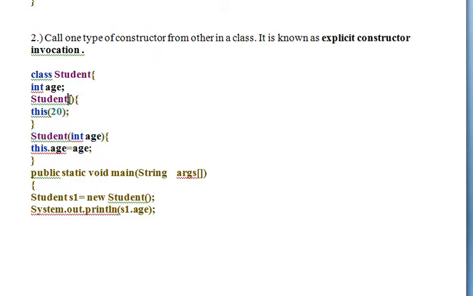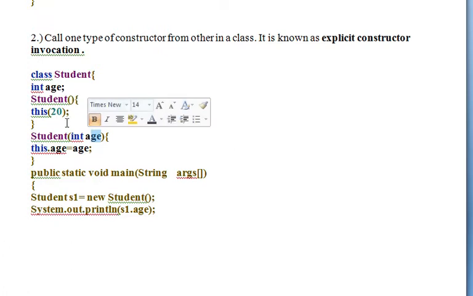Means here the non-parameterized constructor student is making a call to the parameterized constructor using this keyword with the whole statement like this, where we need not write the name of the constructor. It will directly match, as there is only one parameter here and only one parameter there, so it will match with the parameterized constructor definition.